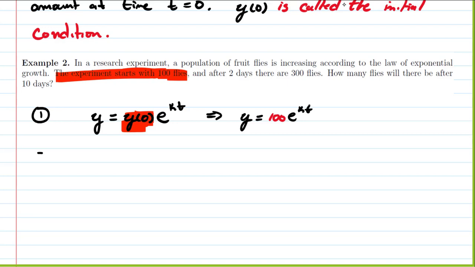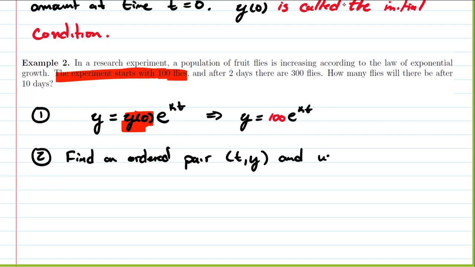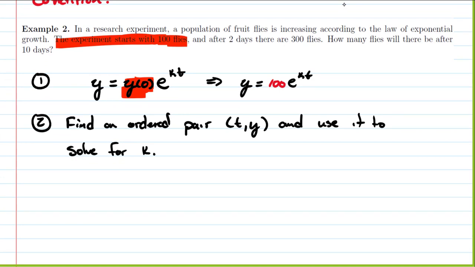Step 2 is we need to find an ordered pair, so a t and a y that pair up, and use it to solve for k. We're told that after 2 days there are 300 flies.